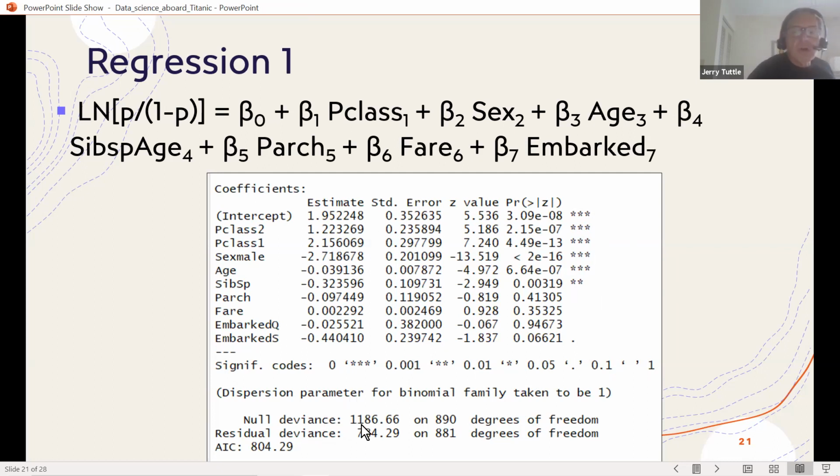And then there are a few more measures, null deviance, residual deviance, AIC. I'll talk about that in a moment. So this is sort of the default attempt. So these are the variables that suggest some statistical significance in the regression, and these don't.